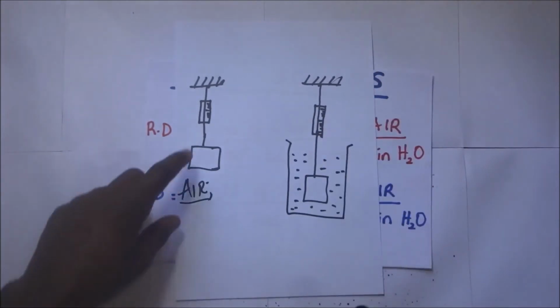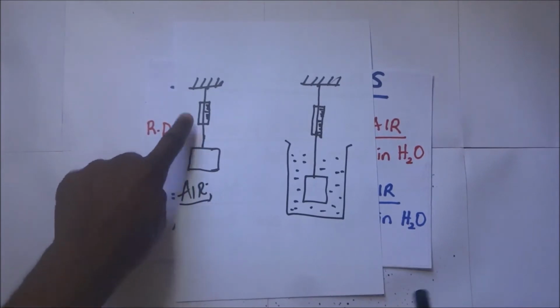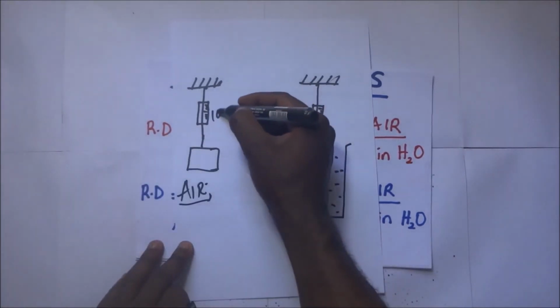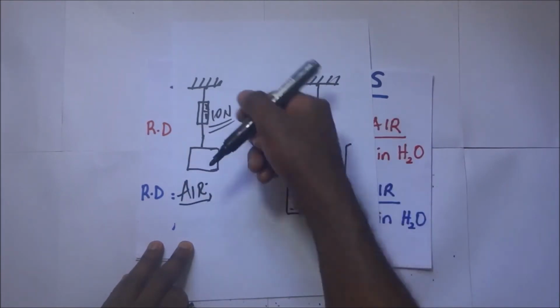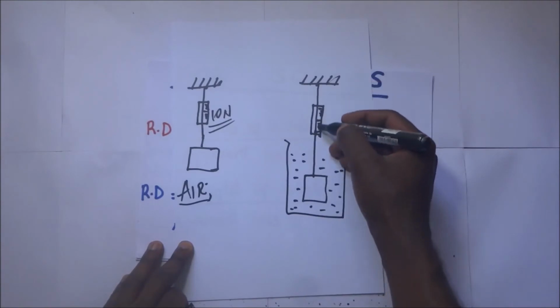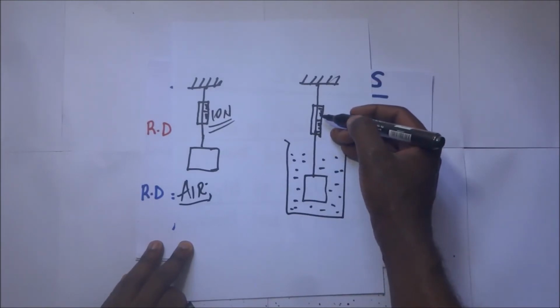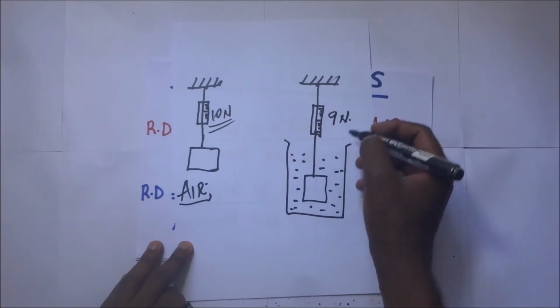Now you realize that when this solid was in air, let's say it weighed 10 newtons, according to the spring balance. But then I got this very spring balance and dipped this solid in water, and when I read my spring balance again, I find that it is, let's say, 9 newtons.